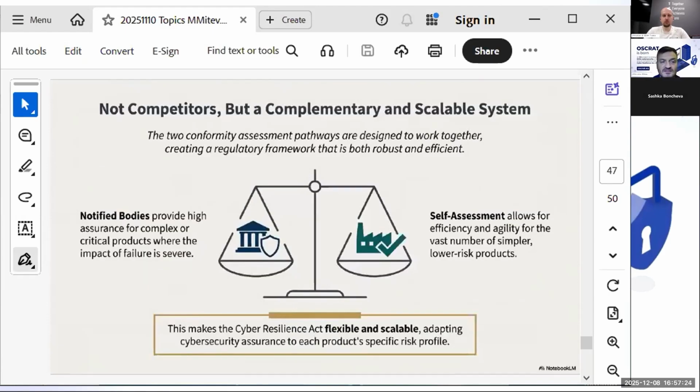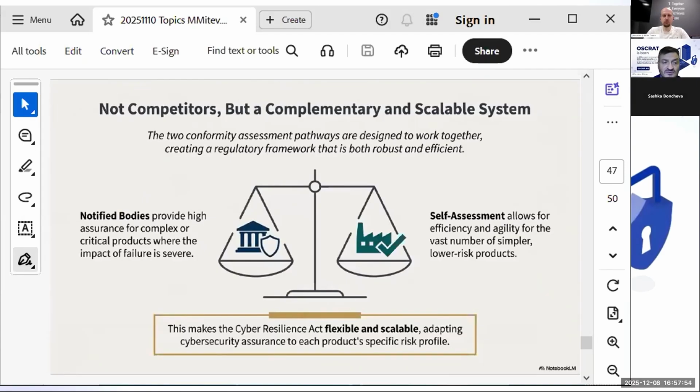The slide explains that the two paths of conformity assessment are not in competition. Instead, they work together as part of a complementary system. Third-party evaluation provides high assurance for complex or critical products where the consequences of failure are severe.